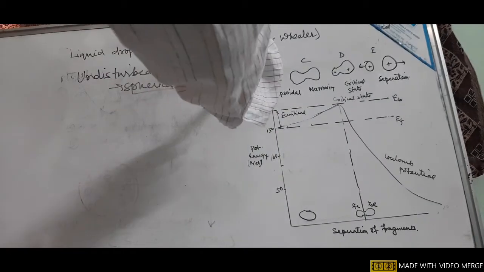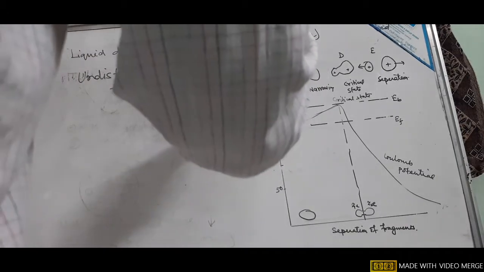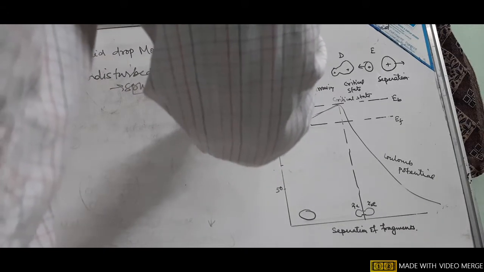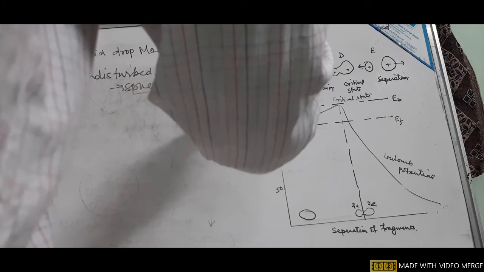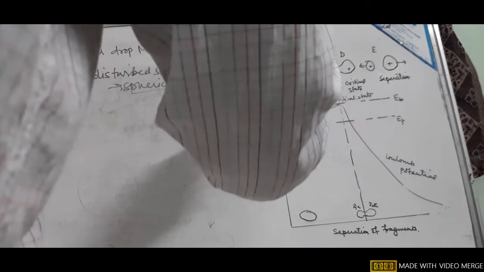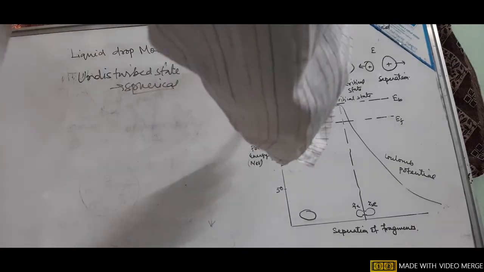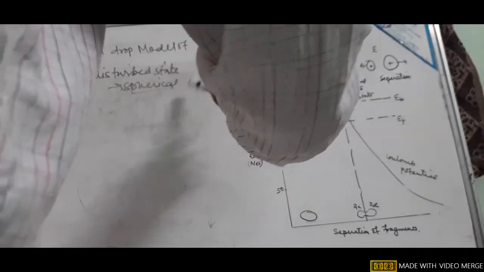Now when the nucleus is excited, when a thermal neutron hits it, the ground state is disturbed and it goes to an excited state, and oscillation takes place. As a result the spherical shape changes to ellipsoidal. The nuclear drop is made to disrupt by causing it to vibrate with a large amplitude, which is produced by the absorbed neutron.